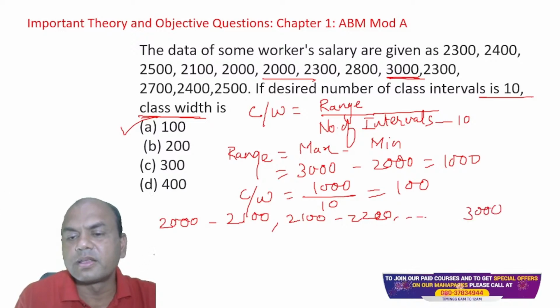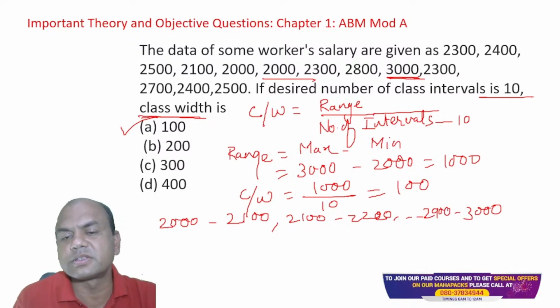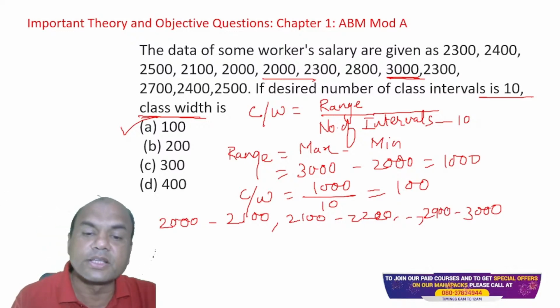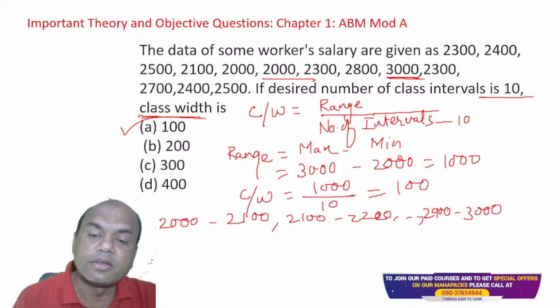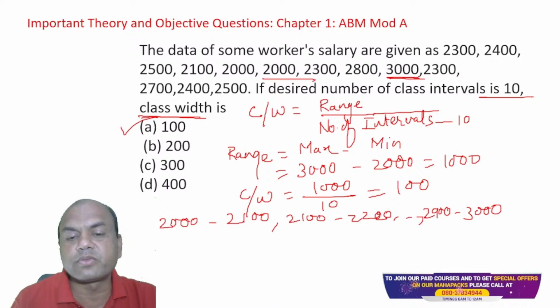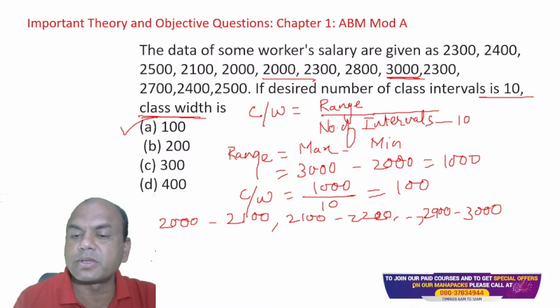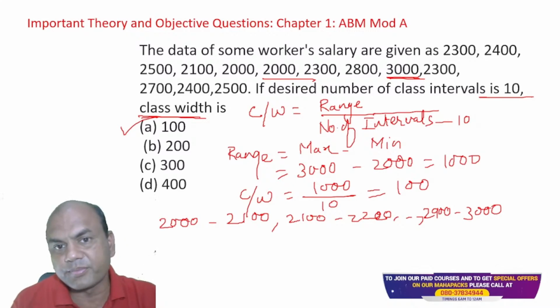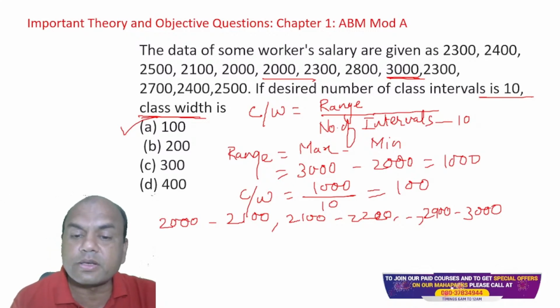The last class will be 2900 to 3000. So this is the meaning of width. Now you check the difference between each one: 2200 minus 2100, 3000 minus 2900, 2100 minus 2000. So width will always remain the same.